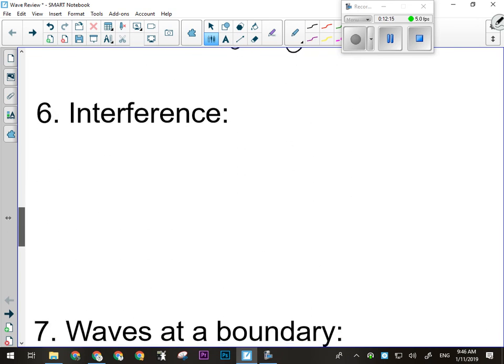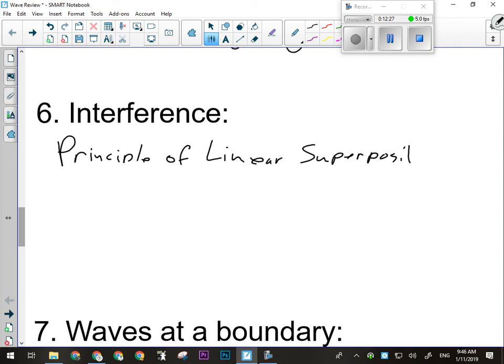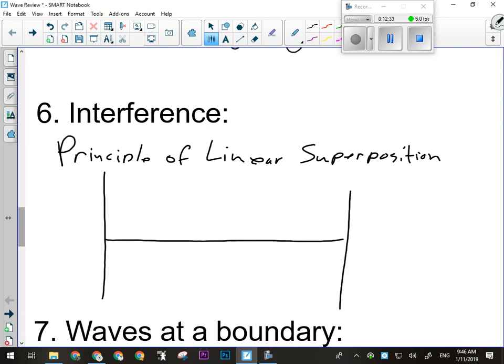Okay, interference. Principle of linear superposition. These two waves are occupying the same place at the same time.